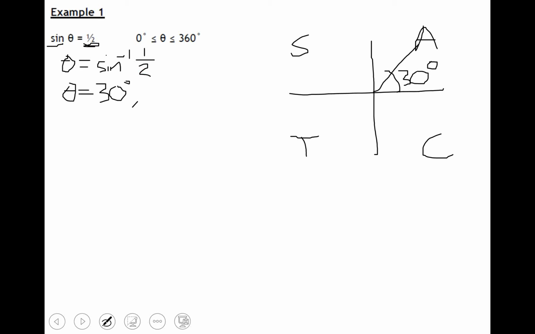So sine is positive in the A quadrant and in the S quadrant. And because of the symmetries of the trig graphs, this is replicated in symmetries within the cast diagram, so the angle is always the same from the horizontal axis. Now we want to know the angle from 0 degrees, so we want to find the shaded angle. Angles on a straight line add up to 180, so it's 180 minus the 30. The second angle is 150 degrees.